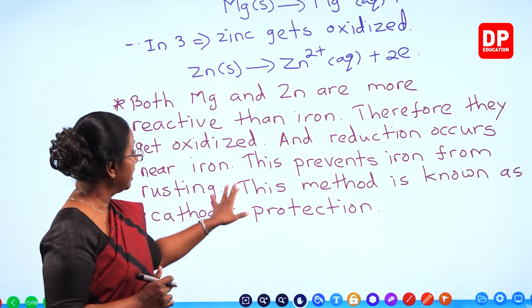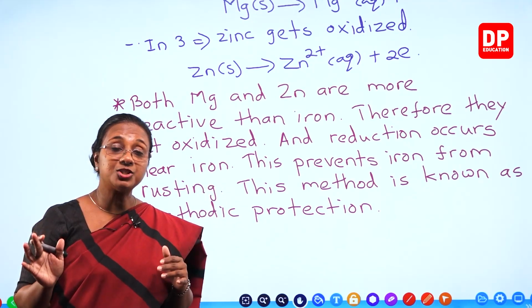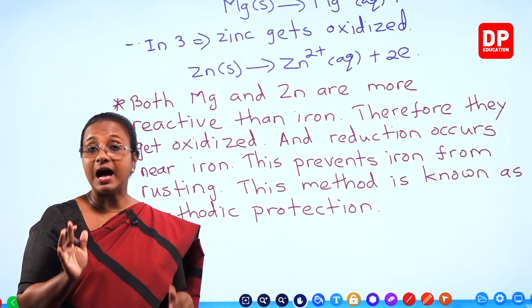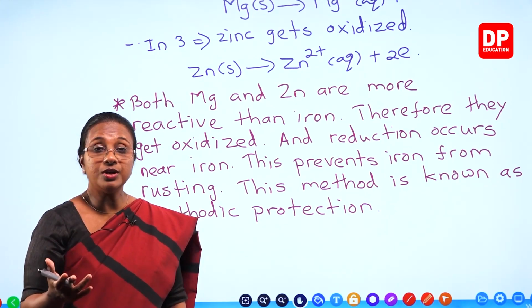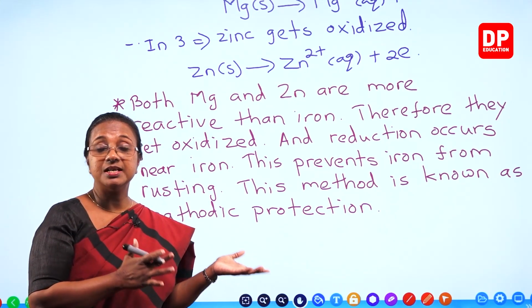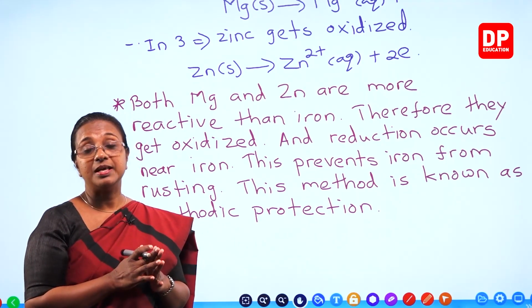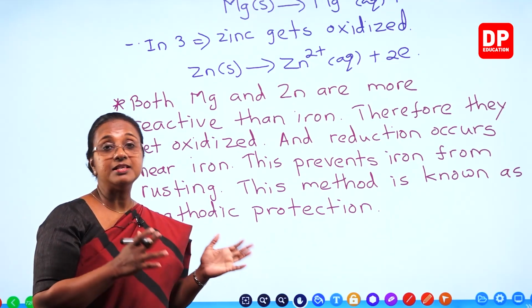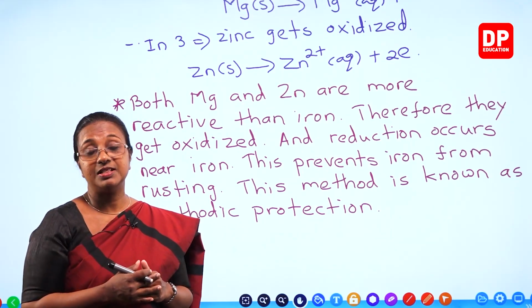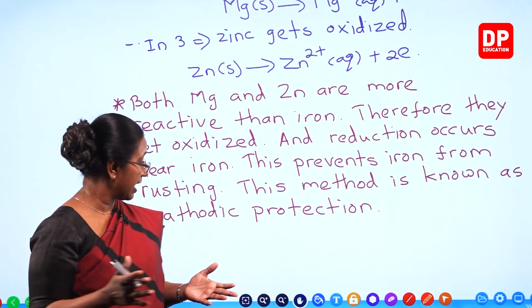So this prevents iron from rusting. And when reduction occurs near iron, we call iron as the cathode. So iron becomes the cathode, the other metal becomes the anode. So because of that, this particular method of preventing rusting by having either magnesium or zinc in contact with iron is known as cathodic protection of iron.